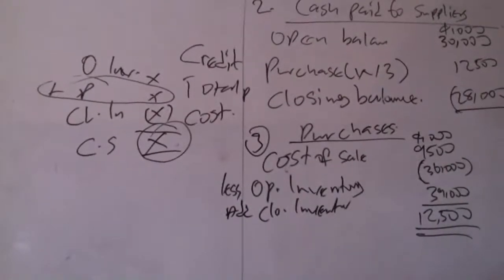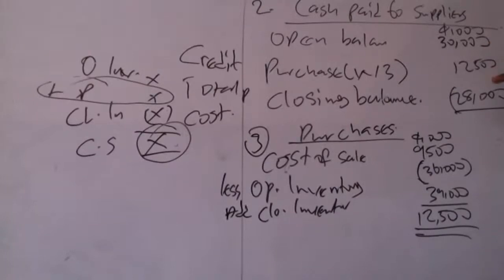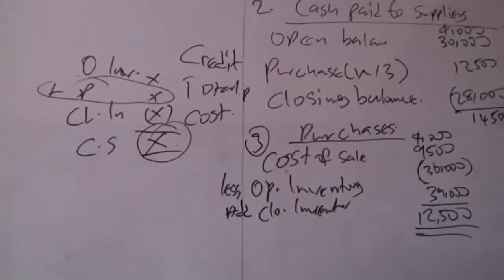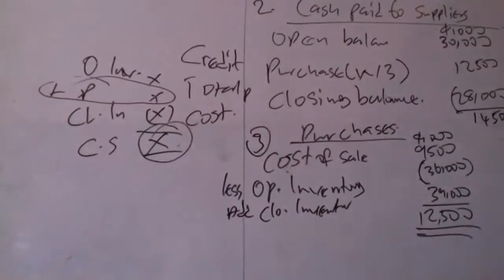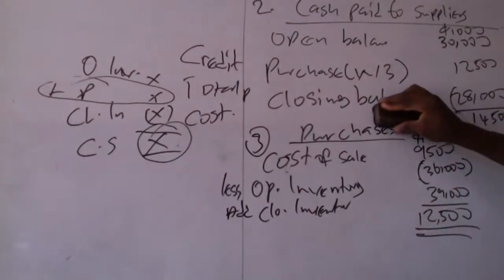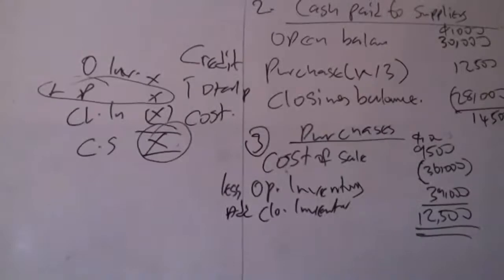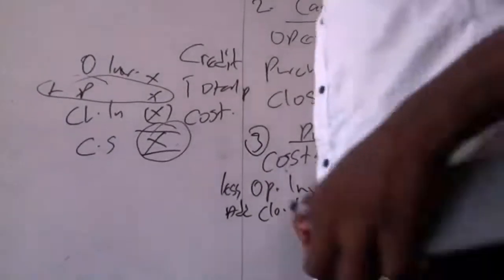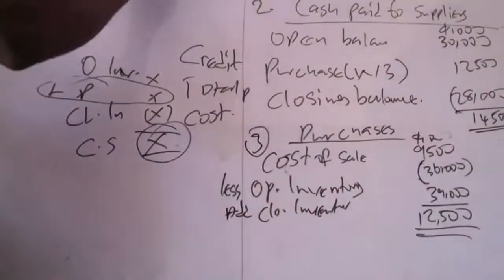So what do you get after putting 30, 12,500, and then 28,000? 14,500. Good. So that's the cash paid to suppliers. 14,500. So you go there and put it there. That's workings number 2.